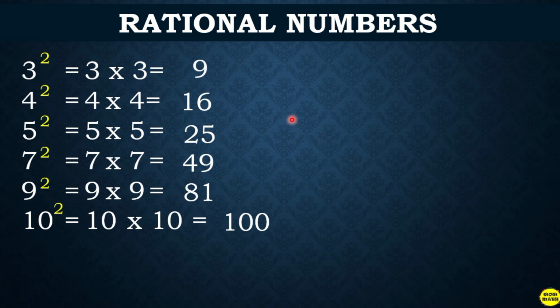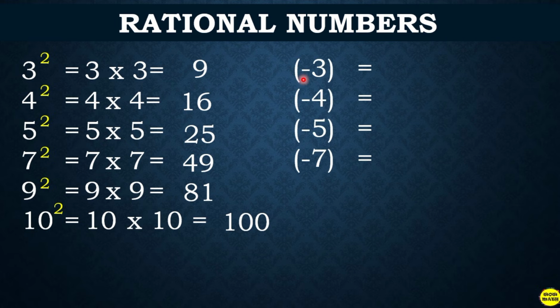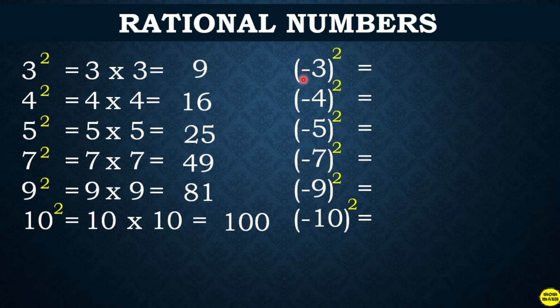Okay, next. Now, what if we will be squaring a negative number? So, let's say for example, kagaya nito, this is positive 3, ini-square ko si 3, squaring of 3. Now, what if we have negative numbers like negative 3, negative 4, negative 5, negative 7, negative 9, and negative 10. So, if we will be getting the square of these numbers, just like what we did here, kukunin natin ang square niya.